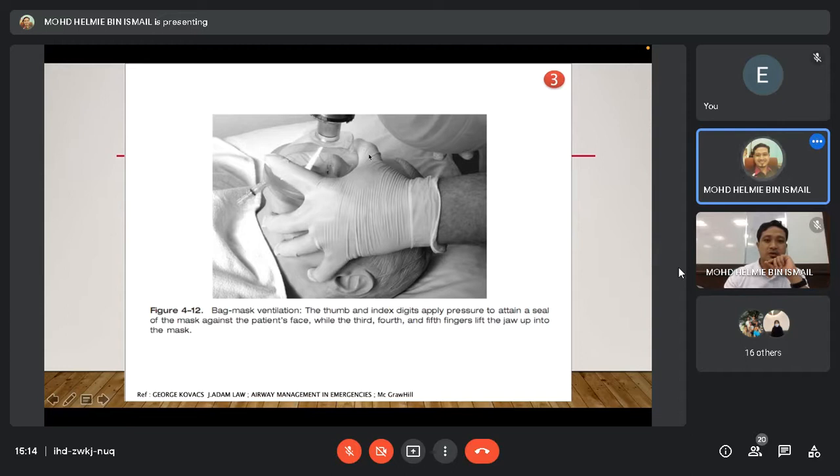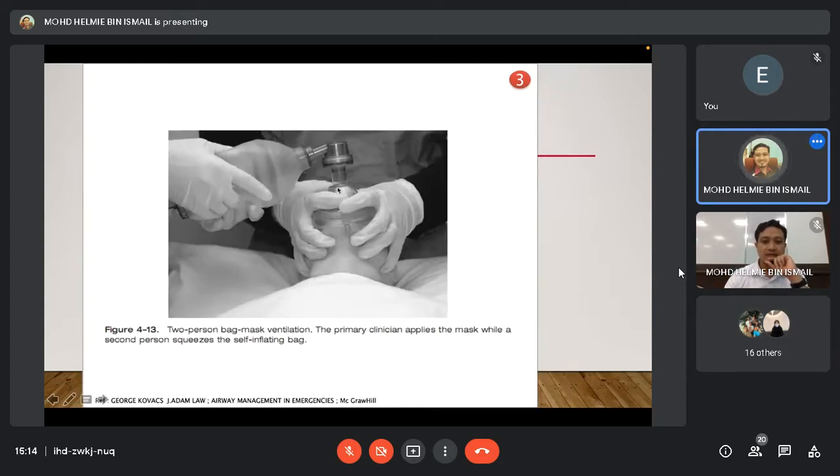You can see right there, you hold the mask using your thumb and index finger like a C, and then you elevate the mandible using the middle, ring and little finger, lifting into the mask in order to properly seal. Alright. This one is the one operator technique.